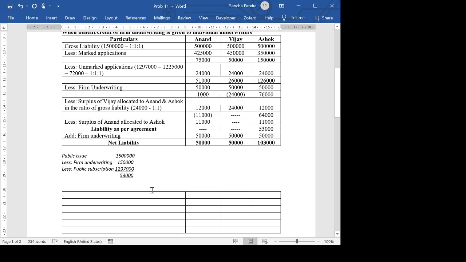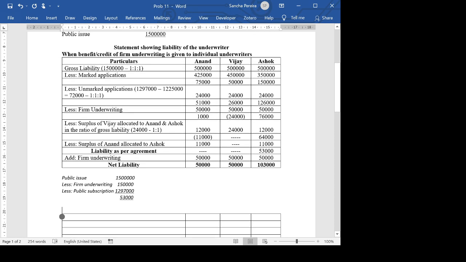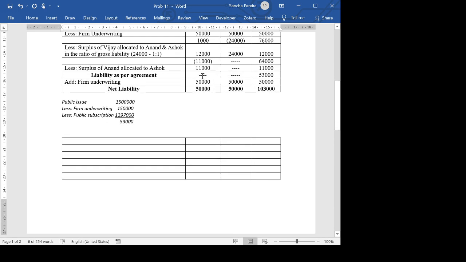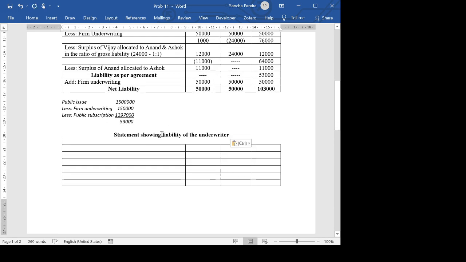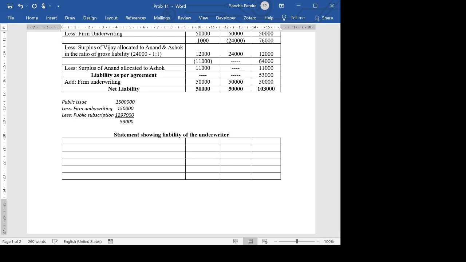So I'll go to the next now. Statement showing amount due to slash due from underwriters.